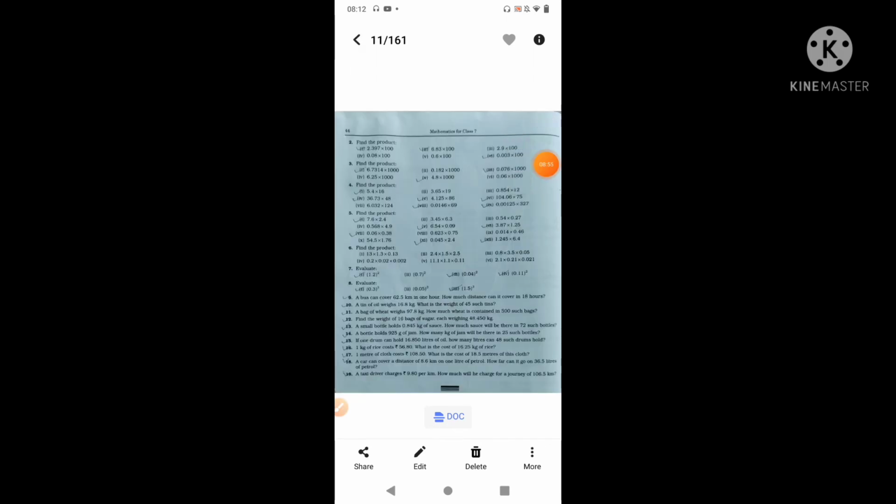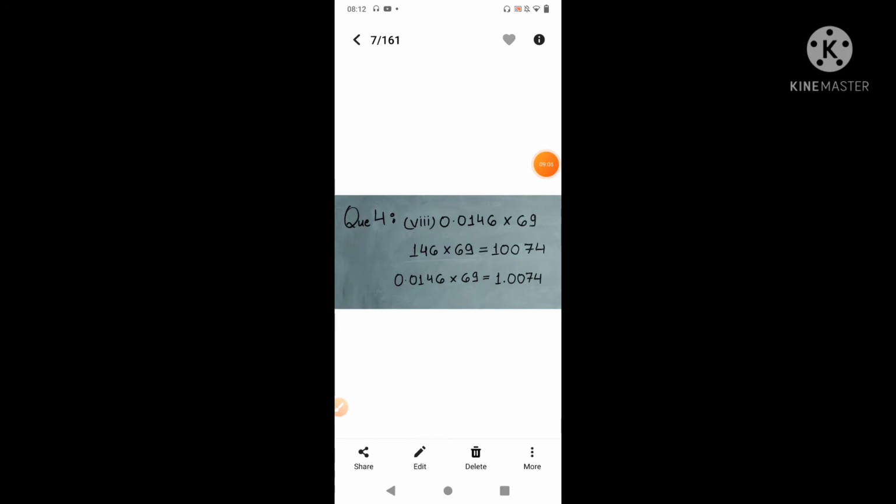In question number 4, we will multiply a decimal number by a whole number, as we have done in the examples also. So I have done the 8th one. This is the number 0.0146 multiplied by 69. For a while we will forget the decimal.